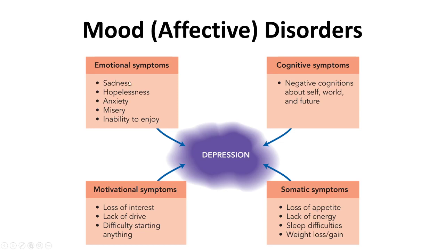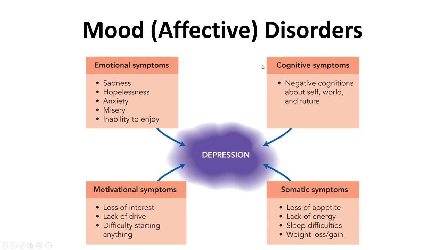This can also link with anxiety. That's that comorbidity with anxiety. You can also have just overall misery. So you're not just sad, but you feel miserable. And a really tough one is this inability to enjoy things, where you stop getting enjoyment from the parts of your life that you usually enjoy.